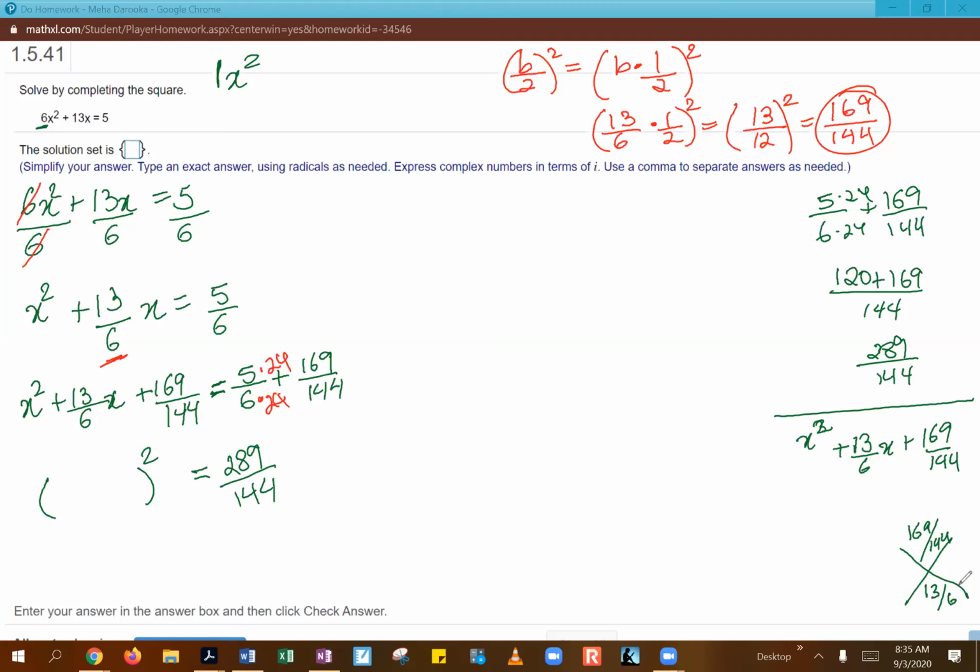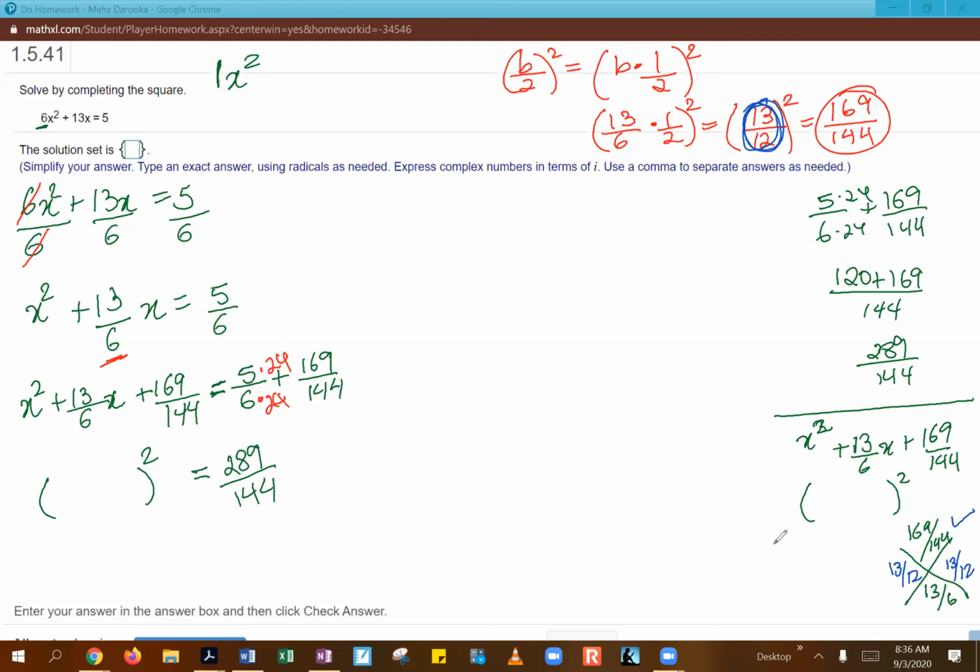Think about what I told you in the previous example about what those factors should look like. It will be x plus 13 over 12. Yeah, very nice, Maka. Because remember I told you it's always going to be this number right before you square it. So if we take 13 over 12 and multiply it by itself, we know we are going to end up getting 169 over 144.